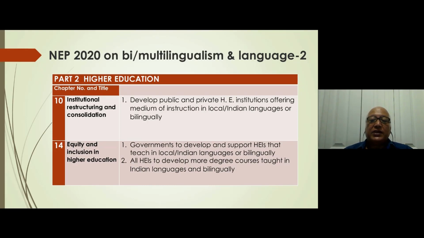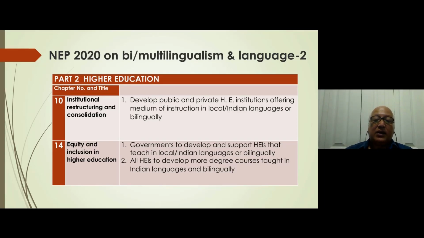Then in terms of equity and inclusion in higher education, the government is to develop and support higher education institutions that teach in local or Indian languages as a medium of instruction, or maybe bilingually. So that is, in a situation where more than one language can be involved.